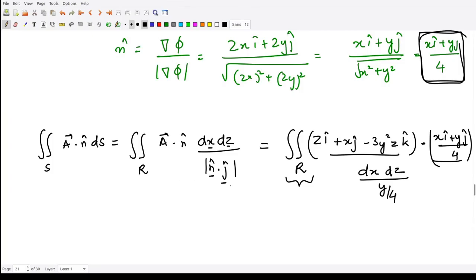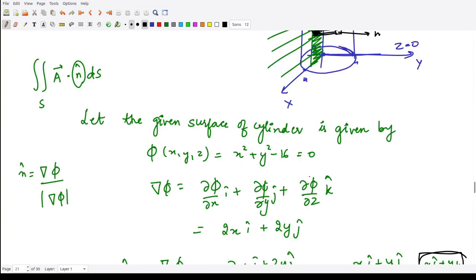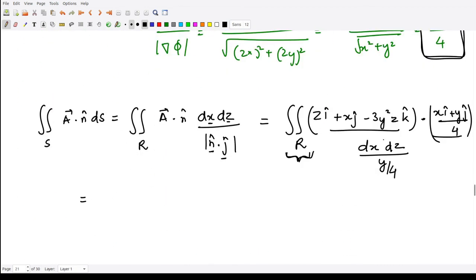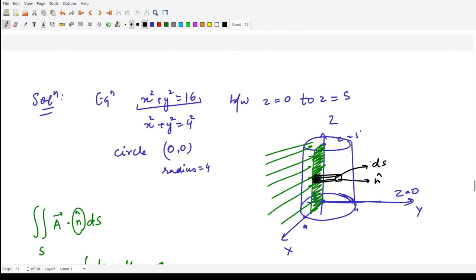Okay, so in order to solve this integral, we are to calculate the limits. So for the limits, let's go back to our figure. Here we are to take the limits of dx, that means x, and dz, that means z. For x, varying from here to here, the value of x here is equal to 0, and x is equal to 4 at this particular point.